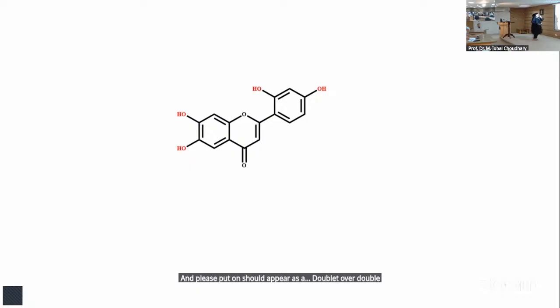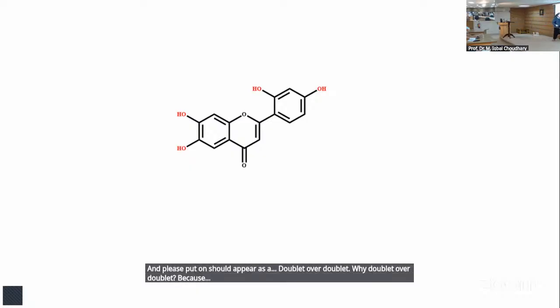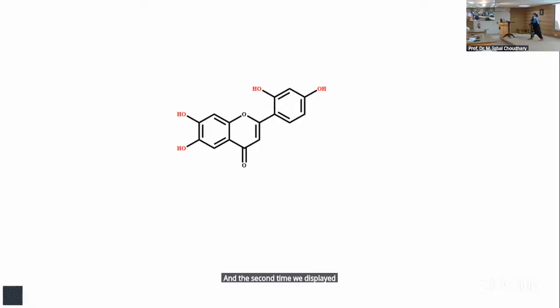Why doublet of a doublet? Because one time it is split because of the ortho proton, and the second time it is split because of the meta coupling. And this should appear as a singlet. So we should have a double doublet here.